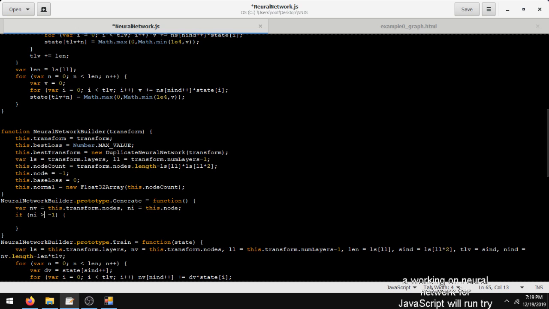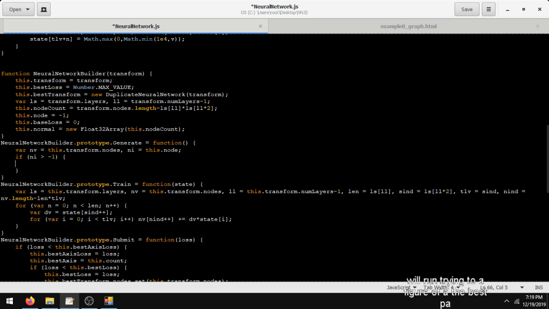I'm trying to figure out the best possible way to train the hidden layers. I'm looking at using a ray marching type method where you find the direction, the normal to the surface, which is the lowest point in the gradient, and ray march towards that.